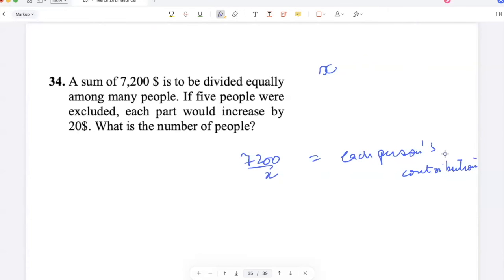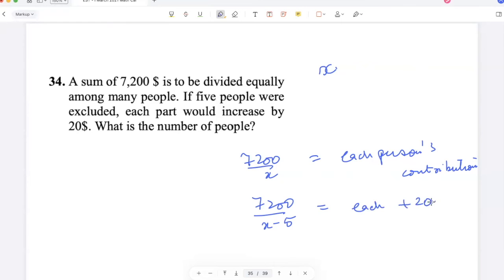Now 5 people are excluded. So 7,200 by X minus 5. And then the contribution goes up by 20. So whatever this value was, each person's, that plus 20 is what they get.